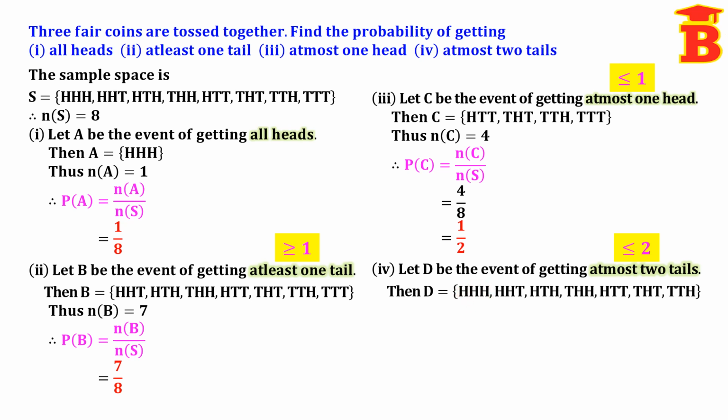So this is less than or equal to 2 tails possibilities. Now count and write. There are 7 possibilities. So n of D equal to 7. Using the formula P of D equal to n of D divided by n of S, n of D is 7 divided by n of S is 8. So we get the answer 7 by 8.